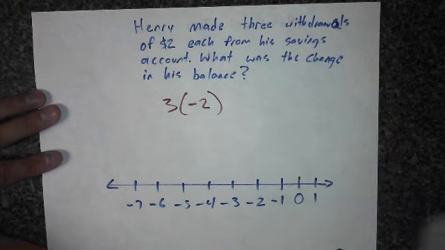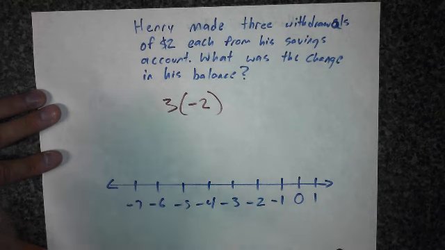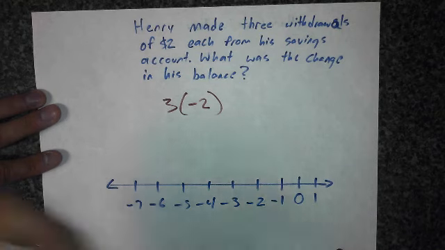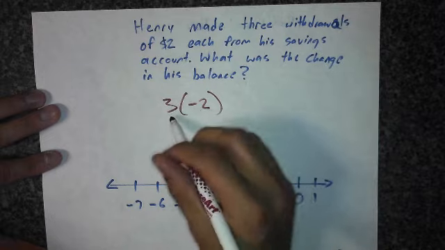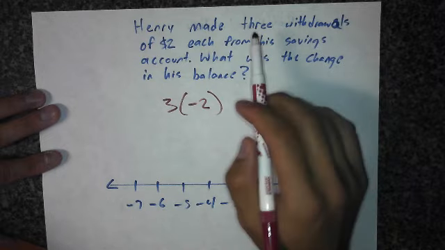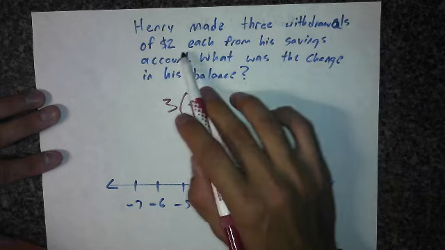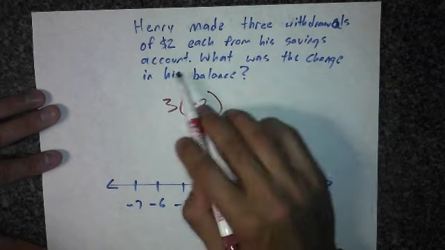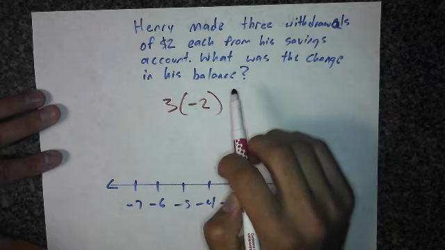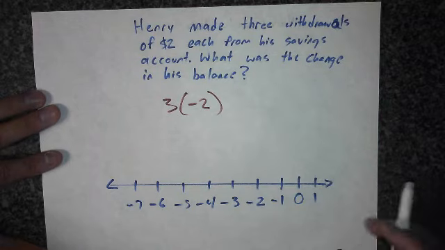So we're taking away $2 3 times from his account. So you have 3 times negative 2. What was the change in his balance?